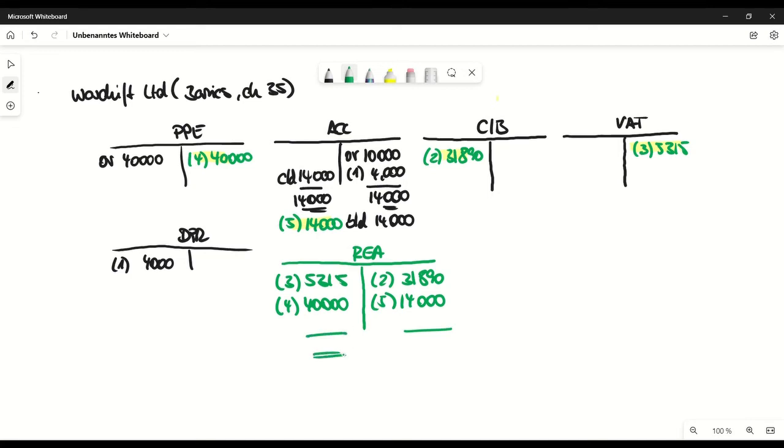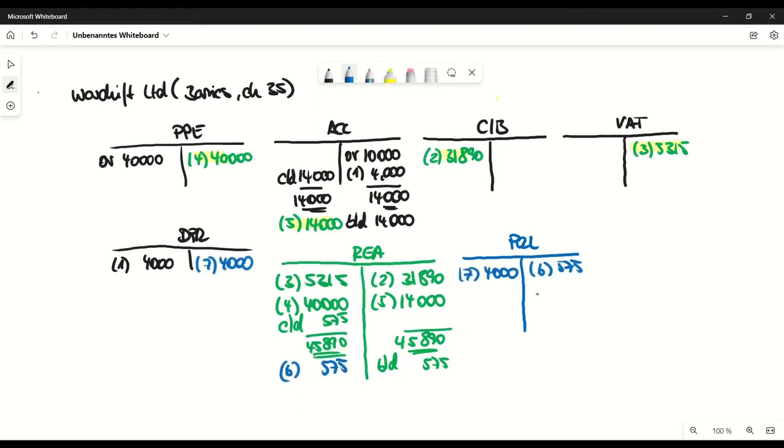Now I balance off the account. Next, we transfer depreciation and the profit on disposal to the profit and loss account. The balancing figure in the profit and loss account is a net loss to the extent of 3,425.